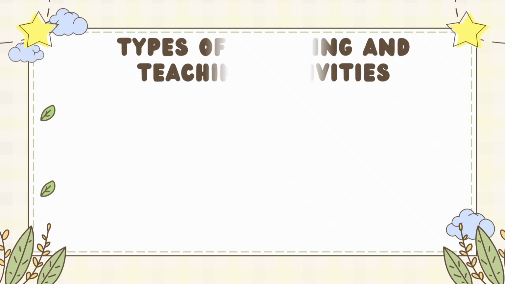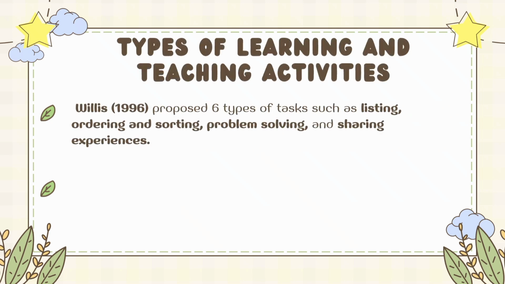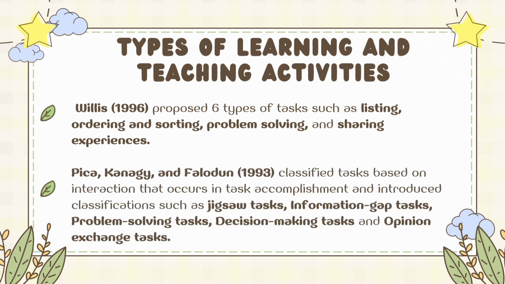For example, Willis 1996 proposed six types of tasks such as listing, ordering, sorting, problem solving, and sharing experiences. Additionally, Pica, Kanagy, and Falodun 1993 classified tasks based on interaction that occurs in task accomplishment and introduced classifications such as jigsaw tasks, information gap tasks, problem-solving tasks, decision-making, and opinion exchange tasks.